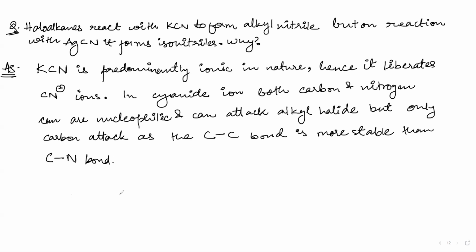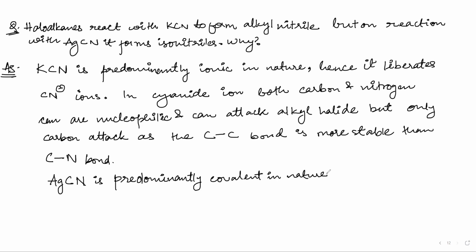Okay, while you think over it, now I will write about AgCN. This is the answer for KCN. Now we want to address why AgCN forms isonitriles. Okay, so AgCN is predominantly covalent in nature. If it is predominantly covalent in nature, what will happen here?